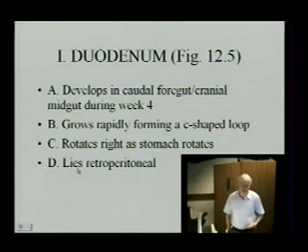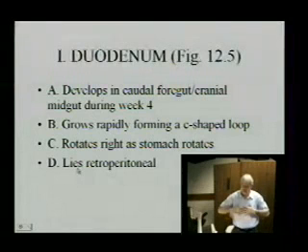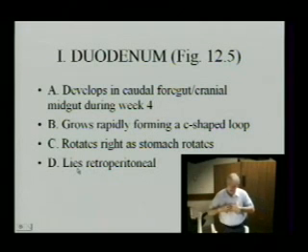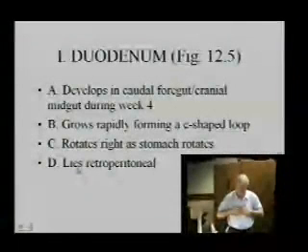Now, another definition of secondarily retroperitoneal for gut tube is the anterior surface is covered with the serosa, right, the visceral peritoneum, serosa on the front of a piece of the gut tube, and the posterior surface has an adventitia. It is not covered by the simple squamous or mesothelial membrane, the visceral peritoneum.